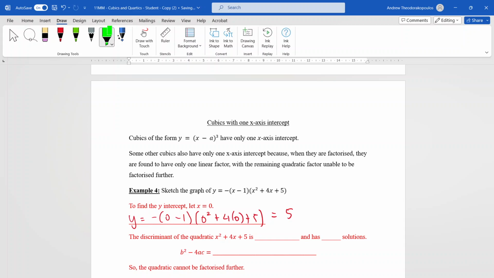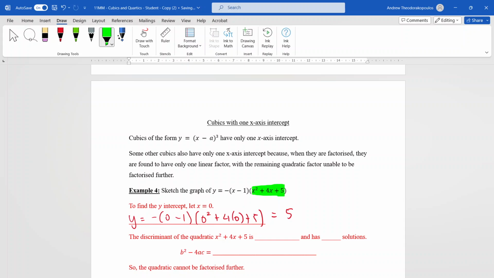Ideally, we would like to factorize this further to get it down into 2 more brackets to see what the other 2 factors are. But I can't think of any numbers that multiply to give us 5, but also add to give us 4. So the other options are to do the quadratic formula or to complete the square. But before we do any of that, let's just check the discriminant to see how many x-intercepts this quadratic has.